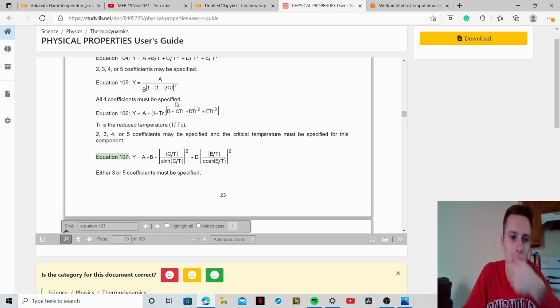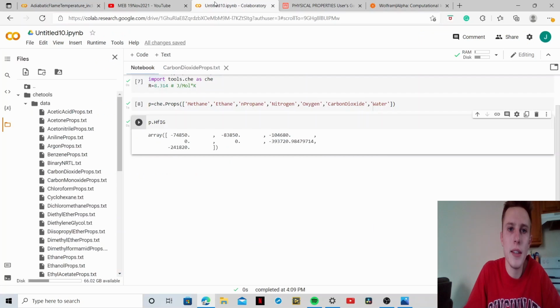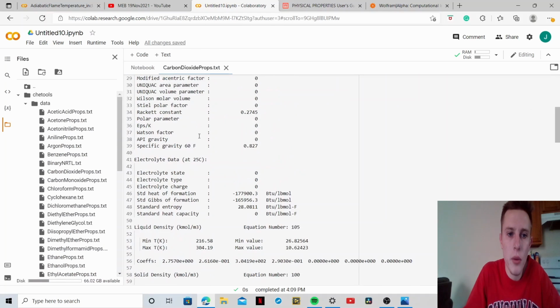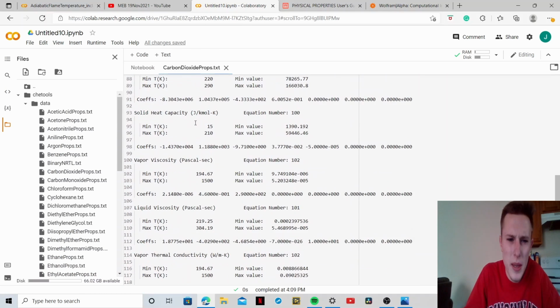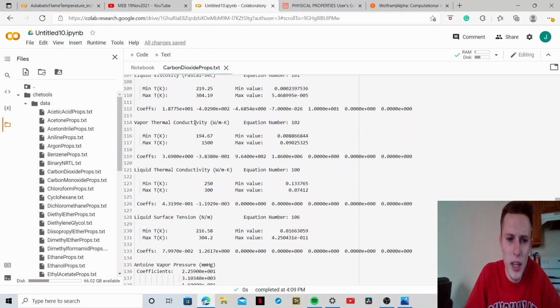So the equation, ChemCAD equation 107, you can look it up online, and it's in a physical properties user guide here. And it shows me right here, these different variables are heat capacity coefficients. And I believe I showed you at the beginning of this video that if we look down at the bottom, heat capacity, let's see if we can find it again.